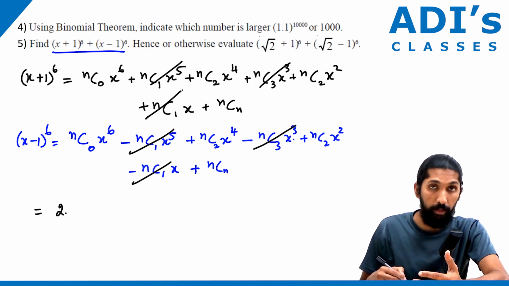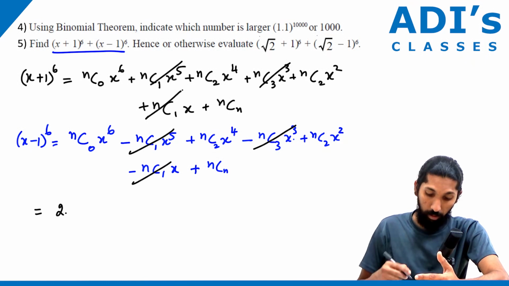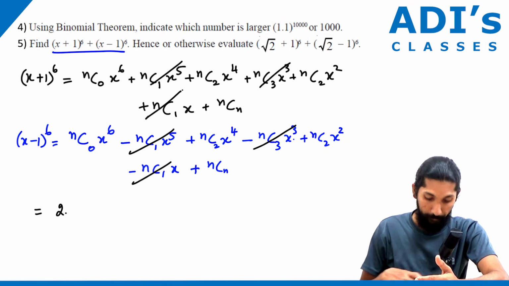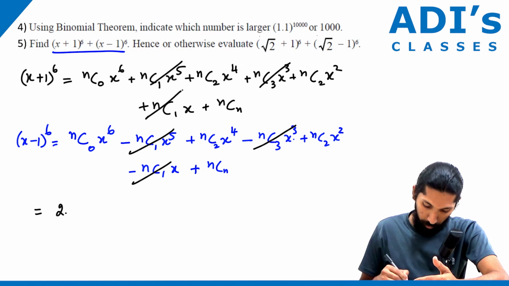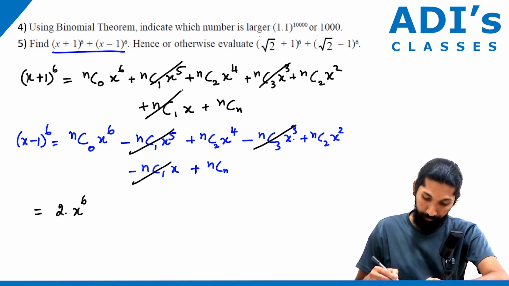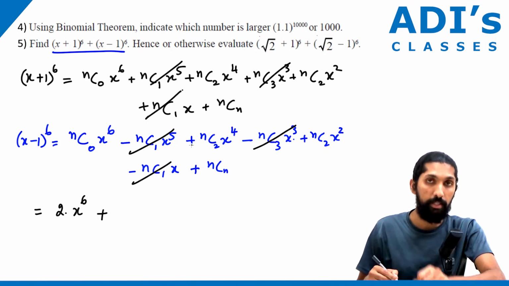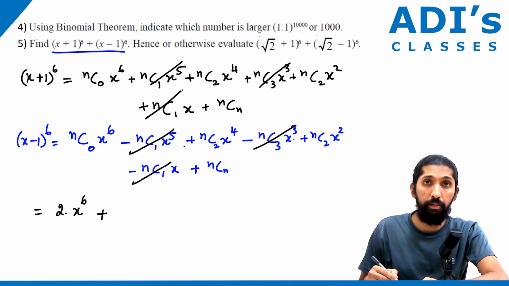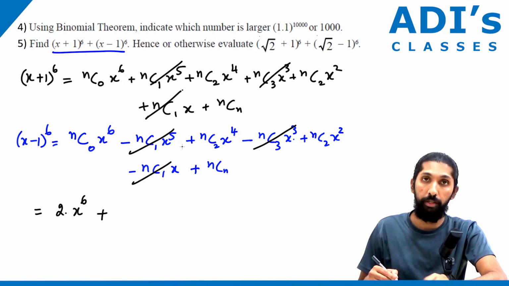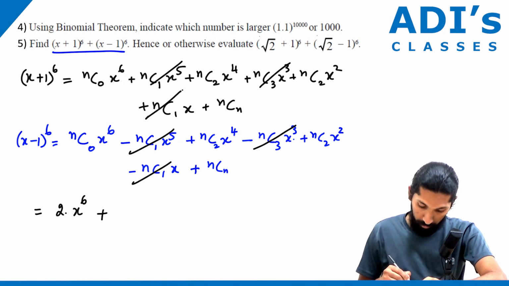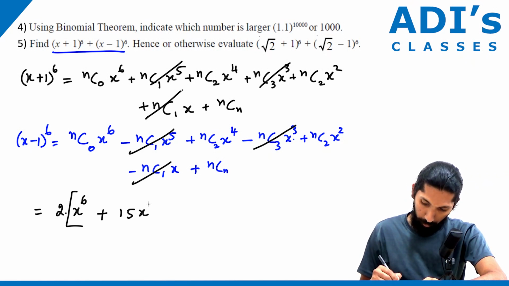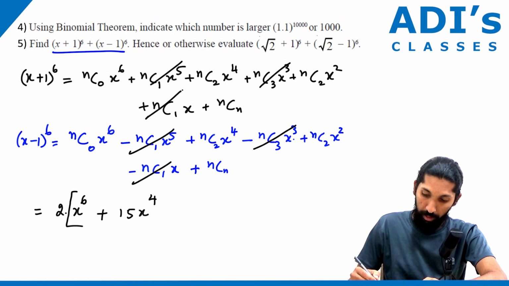In the sense, 2 times 6C0. If I take the value of n as 6, 6C0 becomes 1. So 2 times x to the power of 6, first value, plus 6C2, because n value is 6. What is 6C2? 6 into 5 by 2 into 1, 15. So 2 times 15 into x to the power of 4 plus.